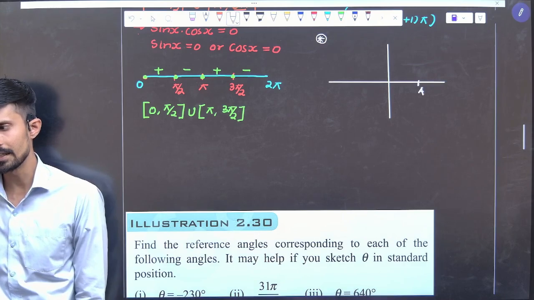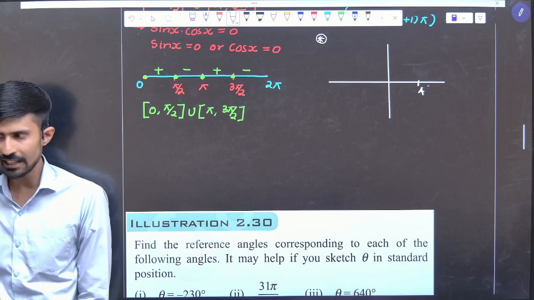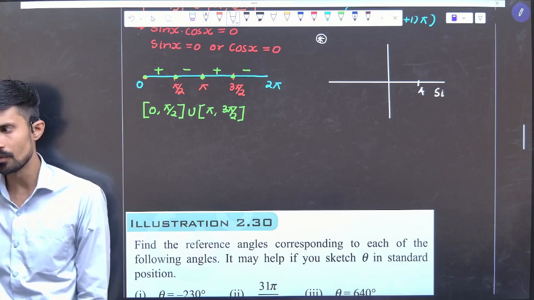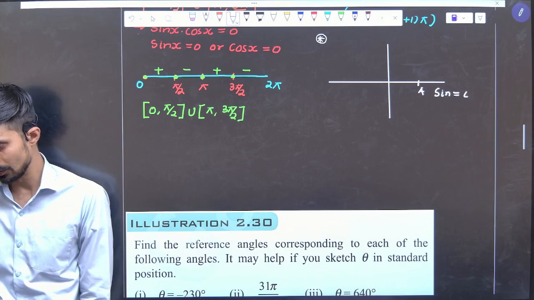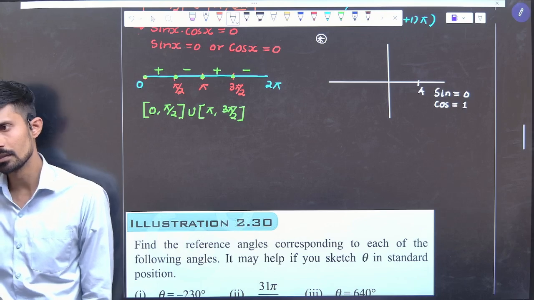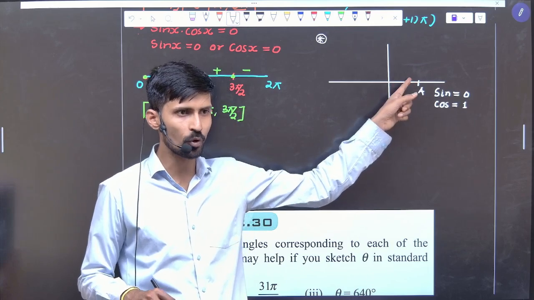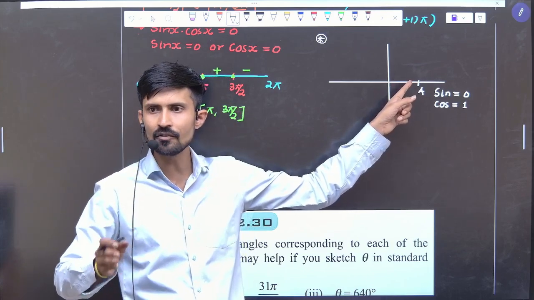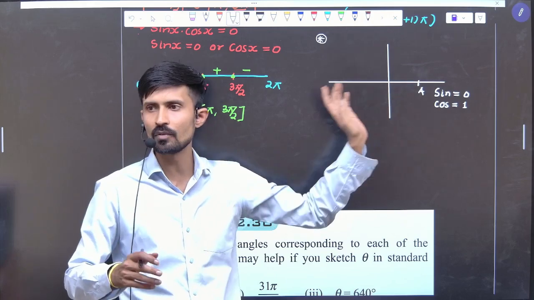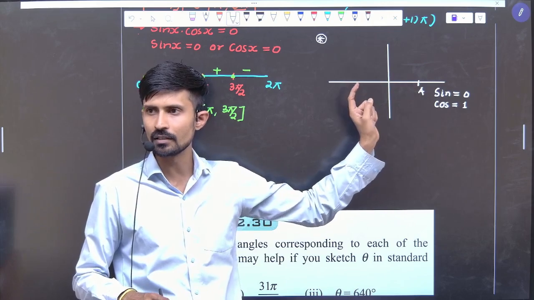This is point A. At any angle at this point, the sine value will be 0 and the cos value will be 1. So this place is for 0, 2 pi, 4 pi. If I ask what is sin 4 pi, 0; what is cos 4 pi, 1; what is sin 6 pi, 0; what is cos 6 pi, 1.